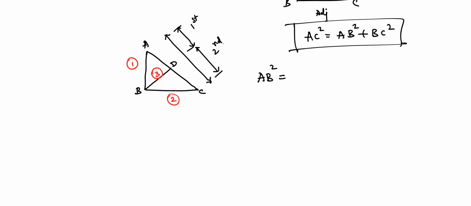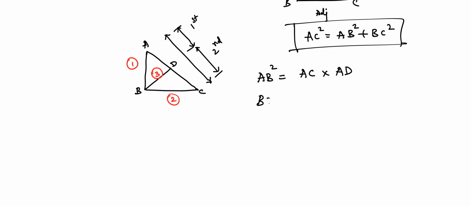Understood the logic? If you want the first side, AB square equals full. Full is AC into first half AD. This is the new formula. Understood? So AB square can be written as AC into AD. If you want the second side, what is the second side? BC.